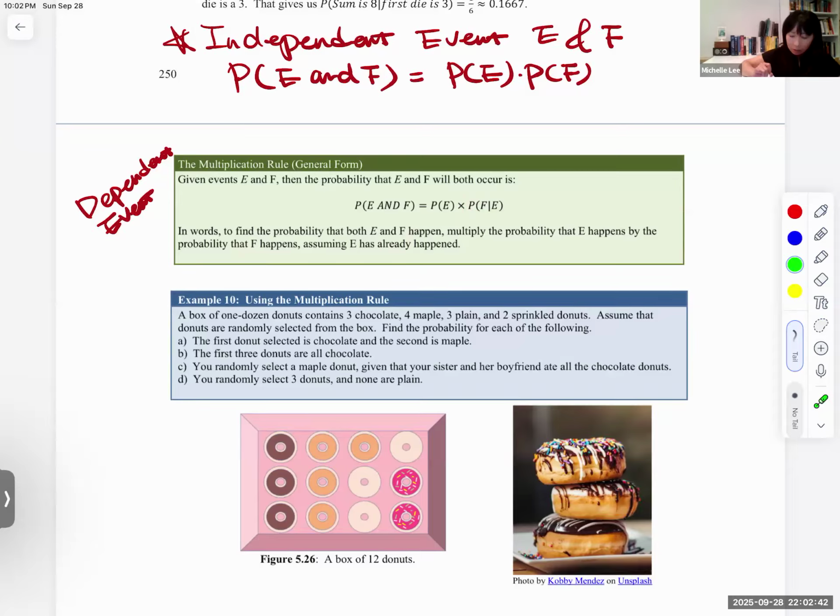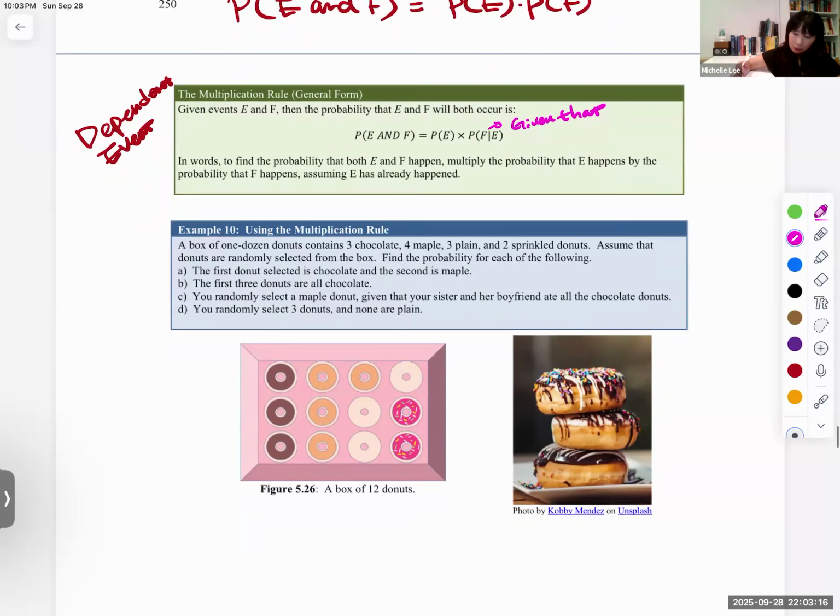If we have the probability of event E and F, then the formula gives us the probability of event E times the probability of event F, given that condition E, right? So E has already happened, given that. Okay.